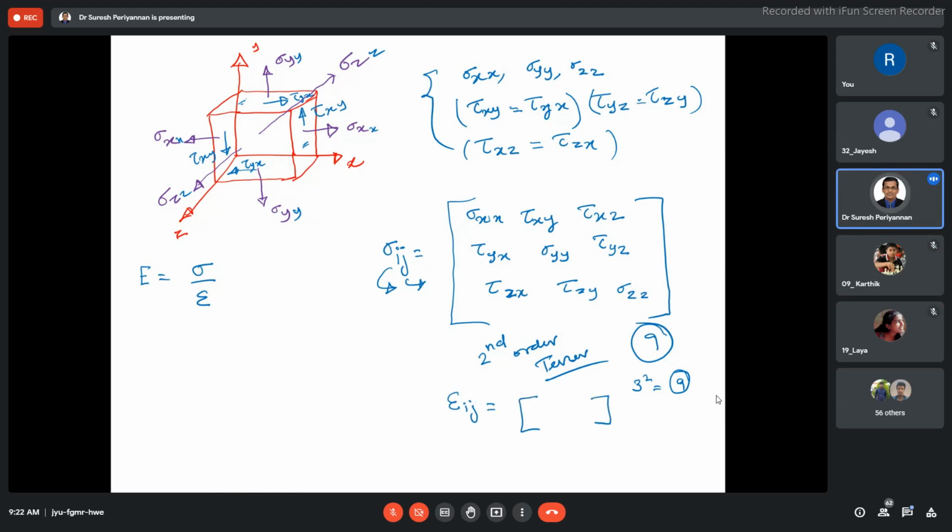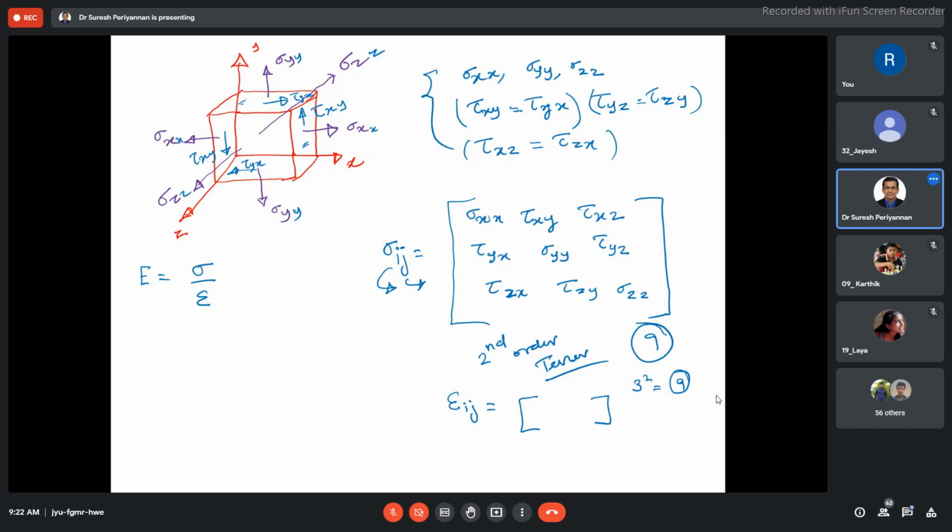Nine components. Now I am asking you a small question. Can you tell me the stress tensor for plane stress conditions?